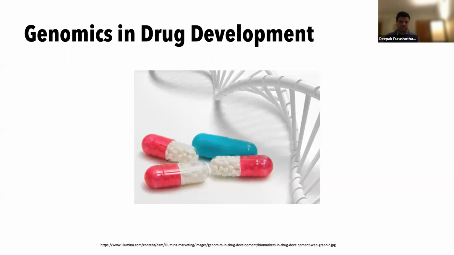The drug discovery process can mainly be broken down. It starts from target identification, advancing drug leads to candidates for preclinical and clinical studies. All of this can be facilitated by genetic and genomic knowledge to some extent.